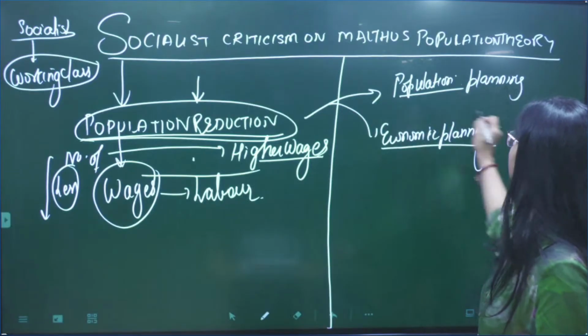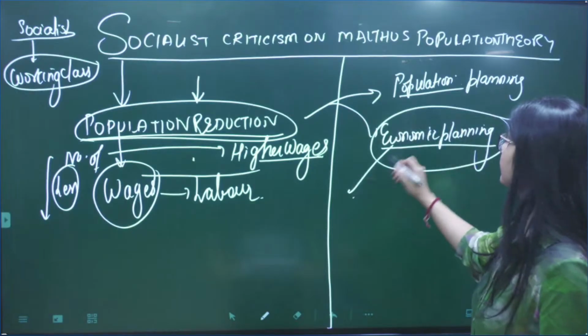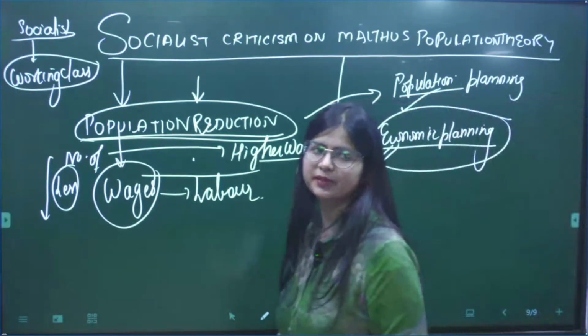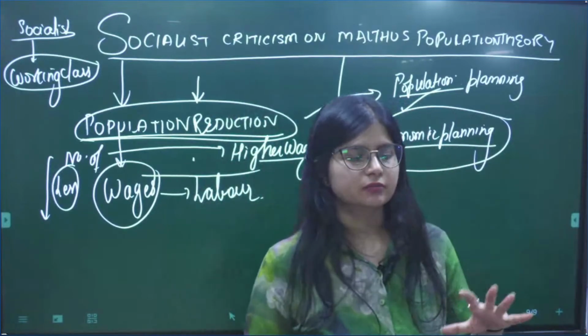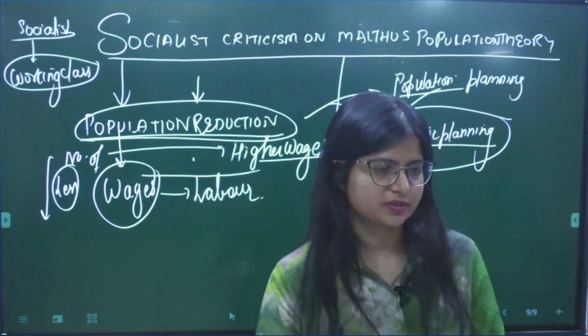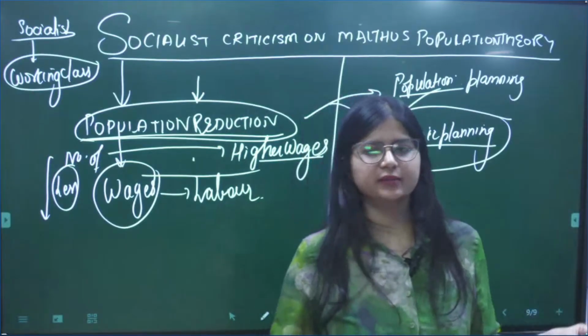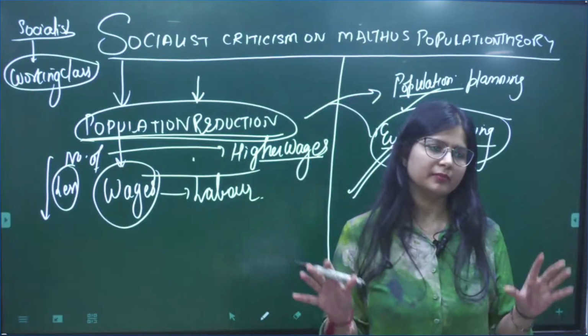So one should focus on economic planning, not population planning. One should change their model. That is what was said by socialists. So they altogether say no to Malthus.